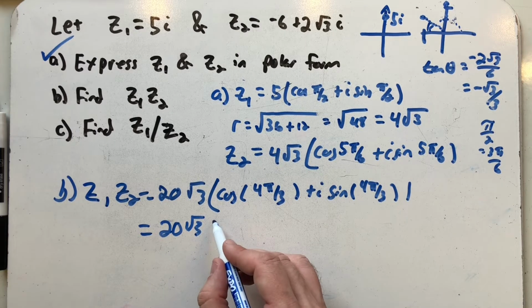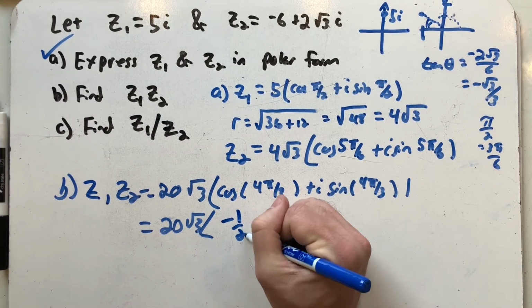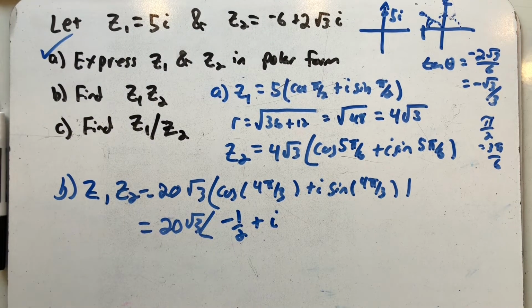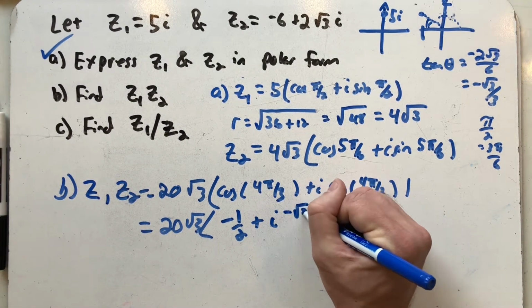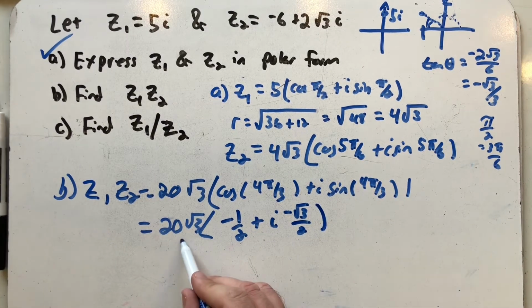All right, well, I should be able to evaluate my trig functions and get this back into a standard form. So I need to know what the cosine of 4 pi over 3 is. It's certainly a negative number, and in fact, it's going to be minus 1/2, plus i sine of 4 pi over 3. Well, thinking about where 4 pi over 3 is, again, a negative value, and that's going to be a minus root 3 over 2. And now I get to distribute.